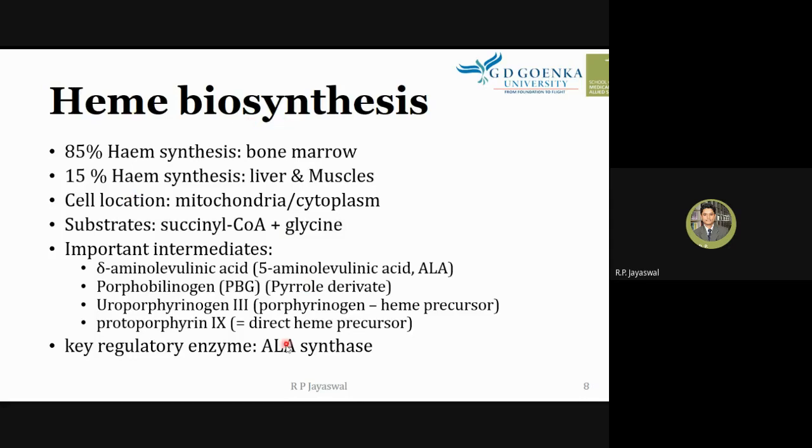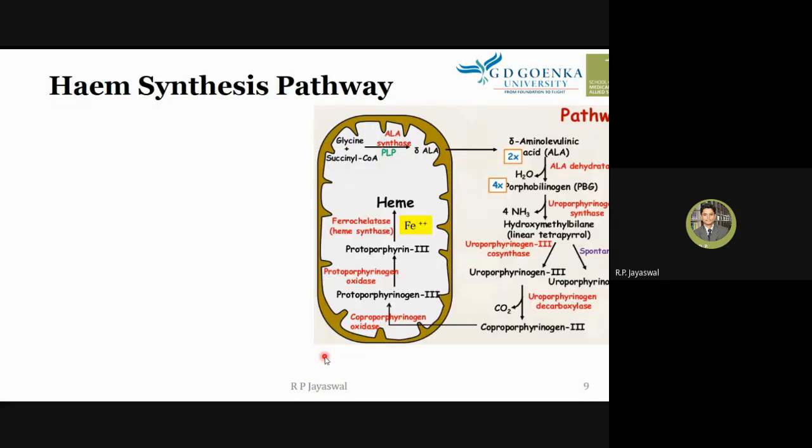Otherwise, if this enzyme is inactive, what will happen? The entire process starting from succinyl coenzyme A and glycine will not be catalyzed. It will not make the product delta aminolevulinic acid, because the enzyme is inactive.